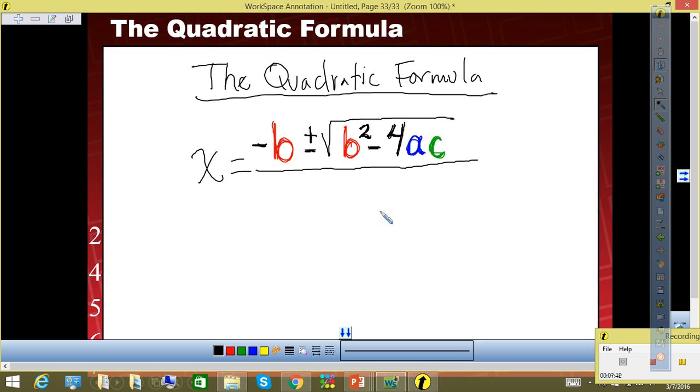Everybody see that? 2, and then we're going to switch to blue, A, and that's it.